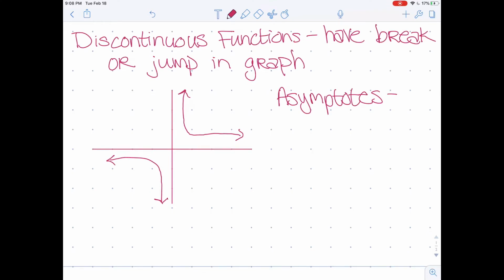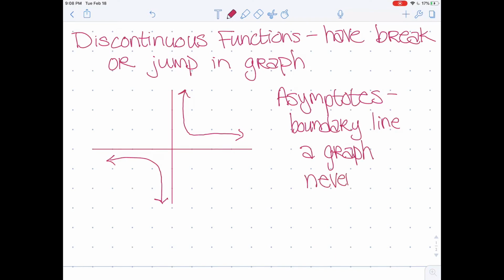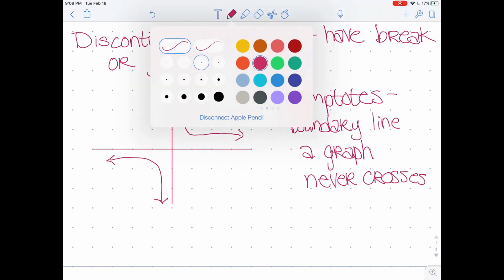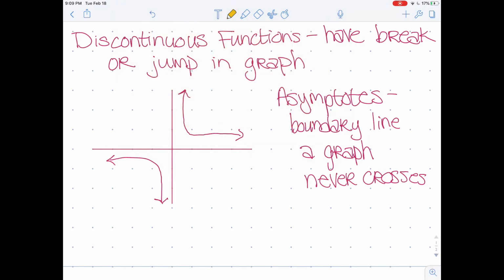So in my example over here, there's an asymptote here because those two lines get close to that point, but they never cross that point. There's another one here because they get close to this point, but they never cross this point. Those are asymptotes. So I'm just going to underline that in yellow to remind us what that is.